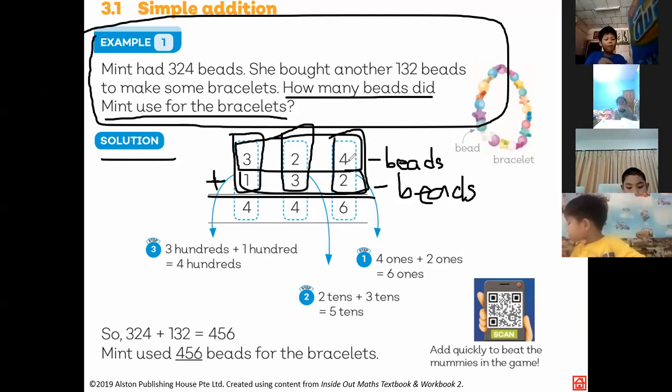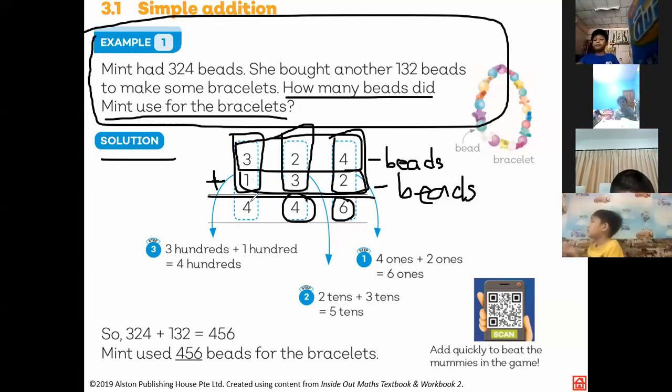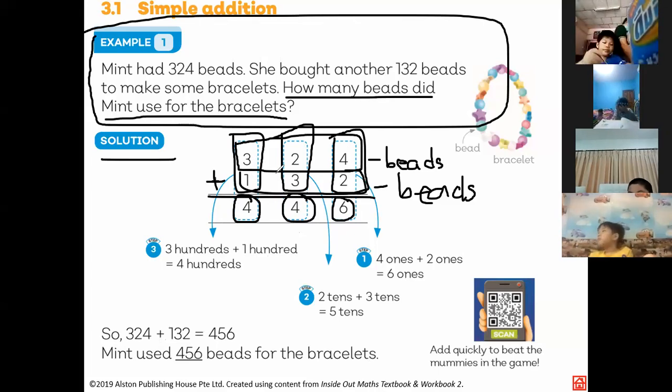So if we will add 4 plus 2, that's 6. 2 plus 3, that's 5. And then 3 plus 1, that's 4. So the answer for this problem is Mint used 456 beads for the bracelets.